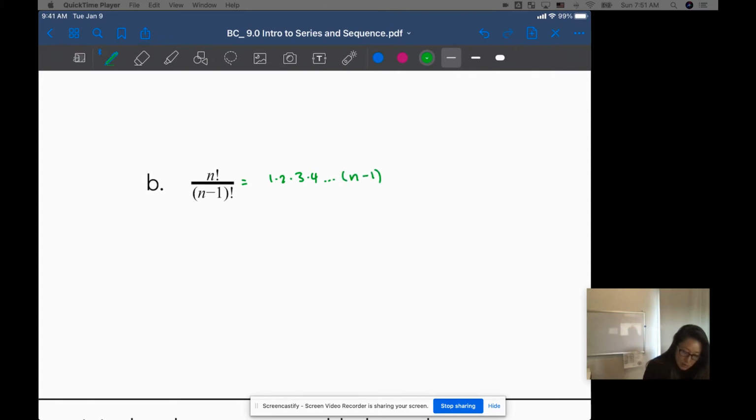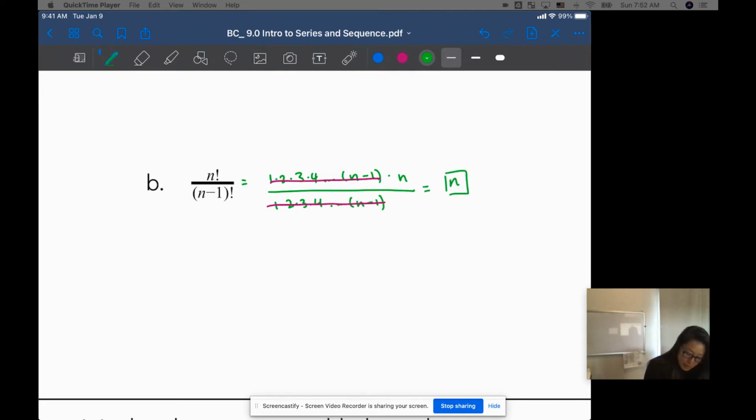So one number before n times n over 1 times 2 times 3 times 4 dot dot dot times n minus 1. The only number that we didn't multiply the numerator and the denominator by was the n. Everything else repeats in the numerator and the denominator. So we just end up with plain n.